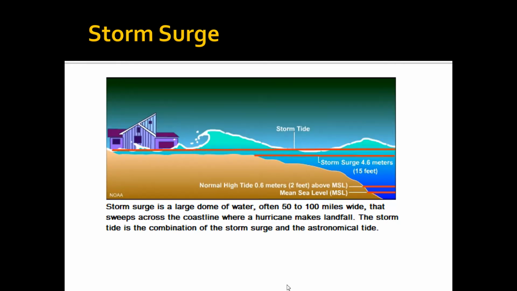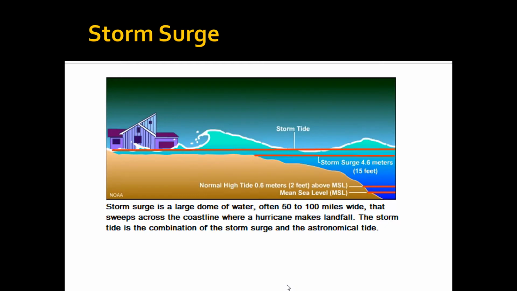But the deadliest of all hazards posed by hurricanes is storm surge. The reason why storm surge is so dangerous isn't just because of the waves that the wind is producing, but again, you get this large bulge of water that builds up as a hurricane is approaching due to those really fast winds. So basically it's like one gigantic, extremely long bulge of water coming on shore.